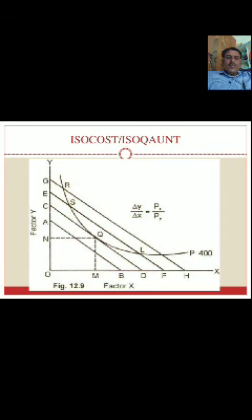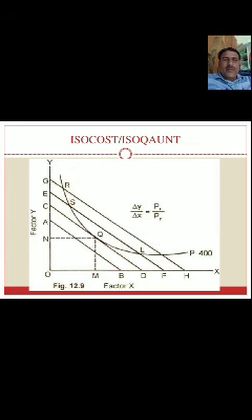Likewise, at the combinations of L and K, these points are also on the same isoquant line, but the marginal rate of technical substitution is less than the price of labor by price of capital.